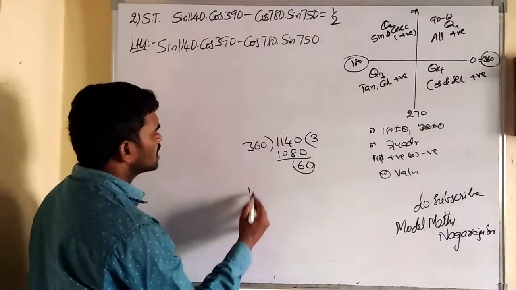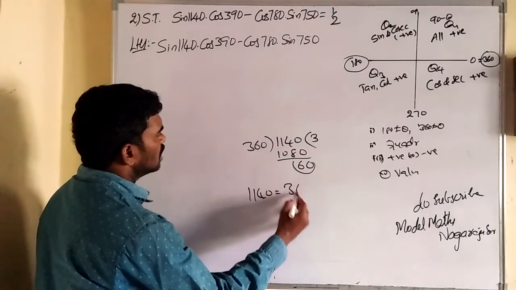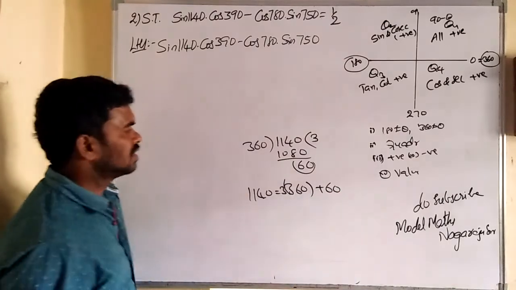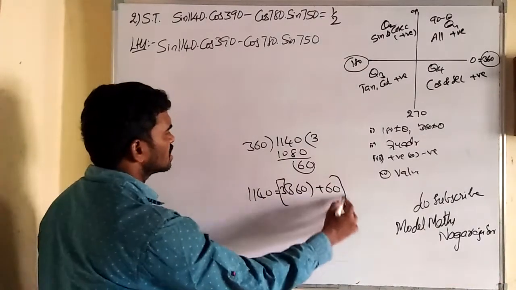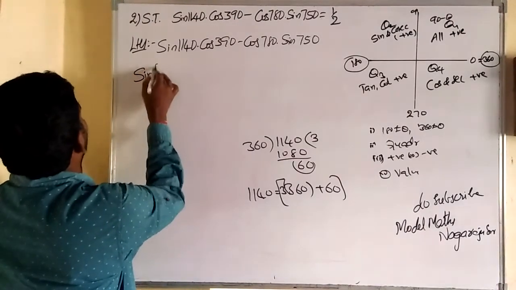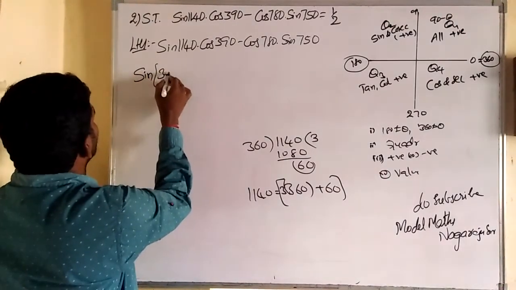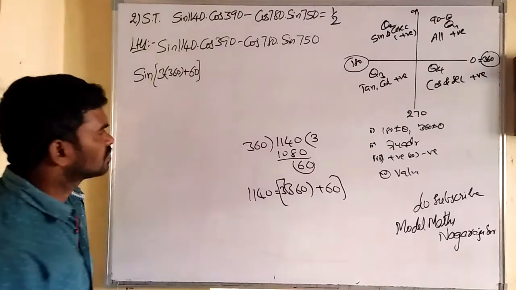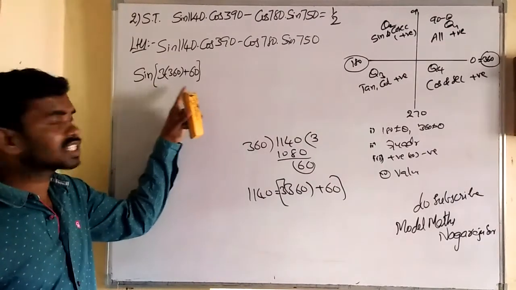So 1140 means 3 into 360 plus 60. So sin of 3 into 360 plus 60.